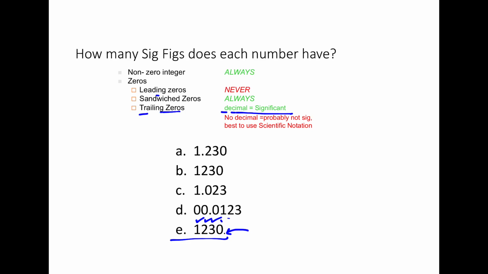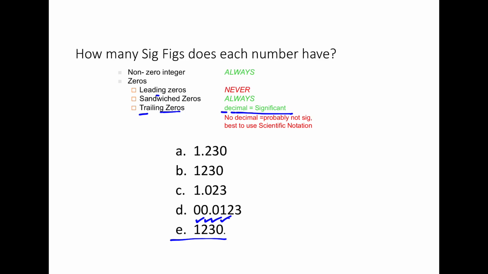So this one will also be significant. That has 4 sig figs. Now it is a little awkward to have that 0 and the decimal point at the end here, because it makes it really seem like you should put another one there. That is not what we want to do.